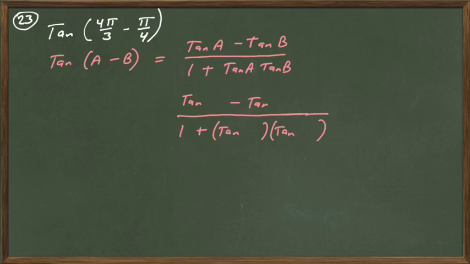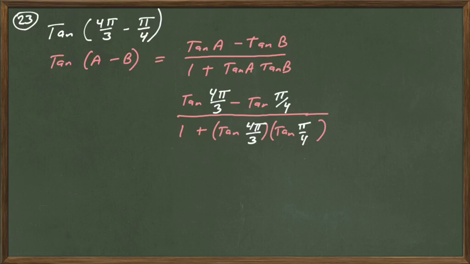Now, wherever I see an A is 4 pi over 3. So I put in 4 pi over 3. The B is pi over 4, so I put in a pi over 4.